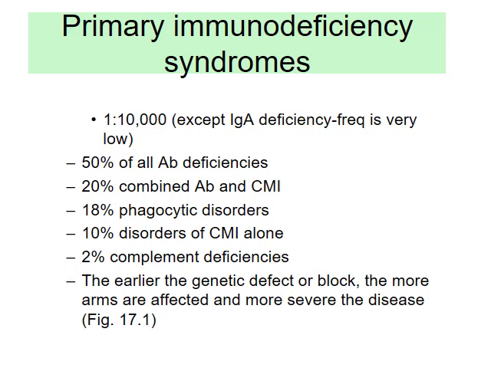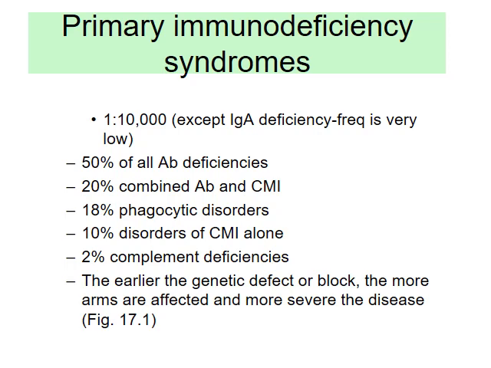Then we have 10% disorder for cell-mediated immunity alone, 2% complement deficiencies, and then again, also keep in mind that there may be some genetic defects. When we make those B cells and T cells and we go through the sequence of the cell cycle, there may be a problem, okay? So this is pretty much a rough percentage of what we normally see.